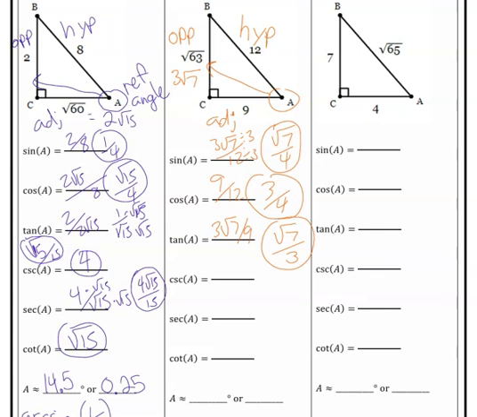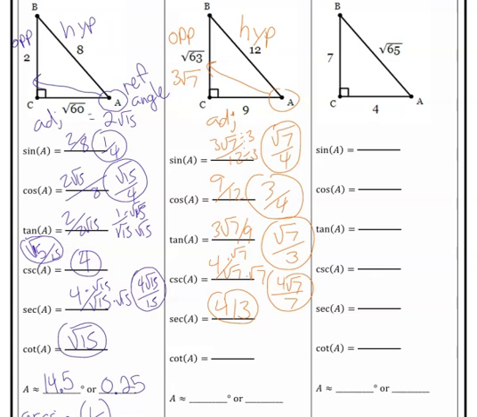Cosecant of A is hypotenuse over opposite, also known as the reciprocal of sine, 4 over square root 7. Rationalize that. You get 4 square root 7 over 7. Secant of A is hypotenuse over adjacent, also known as the reciprocal of cosine, 4 over 3.